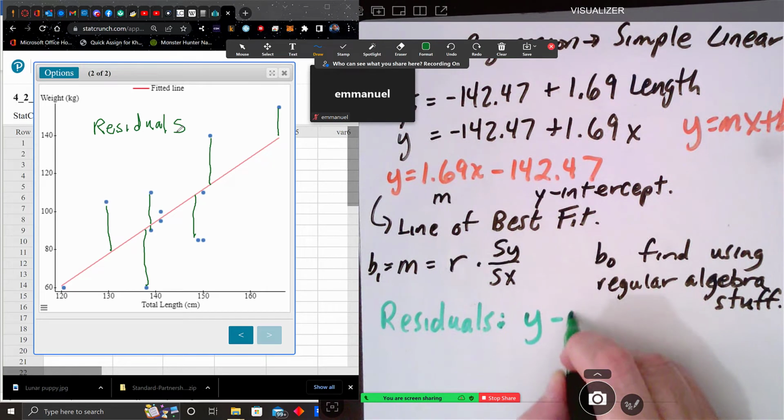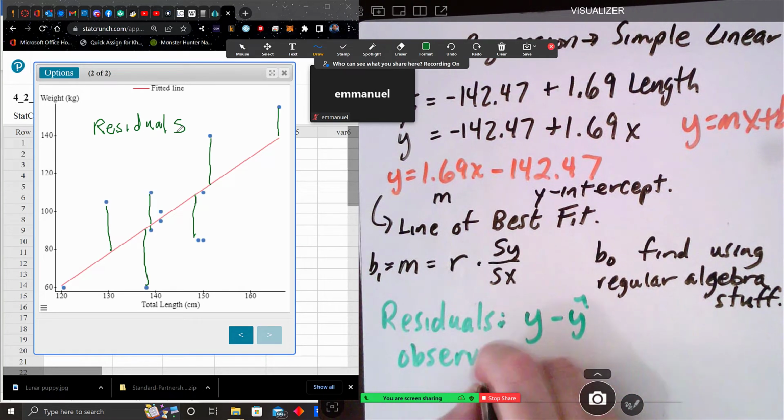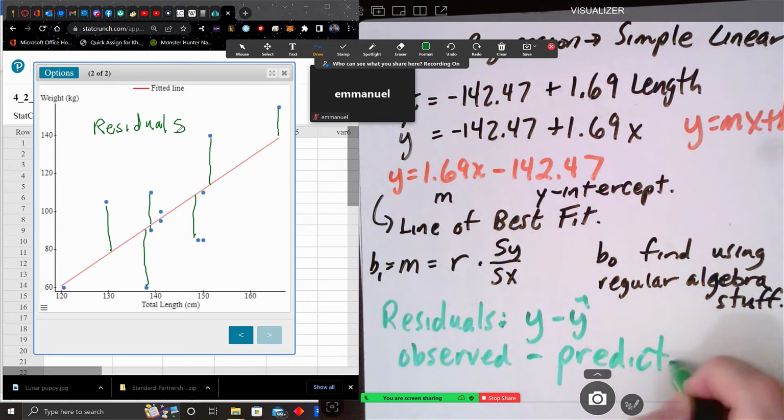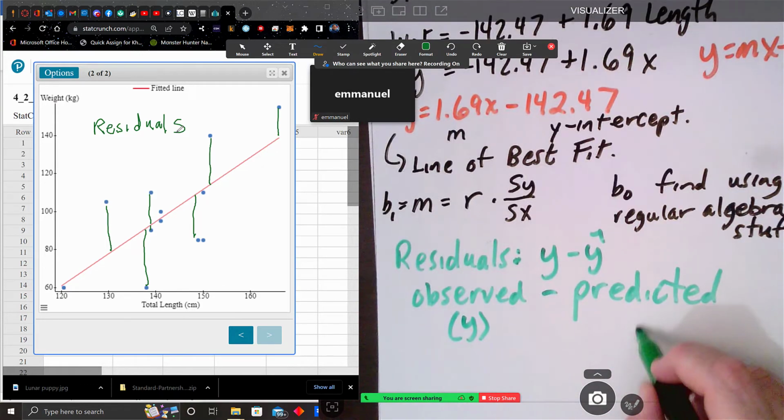It's called Y minus Y hat. Observed minus predicted. So observed is my Y. Predicted is Y hat.